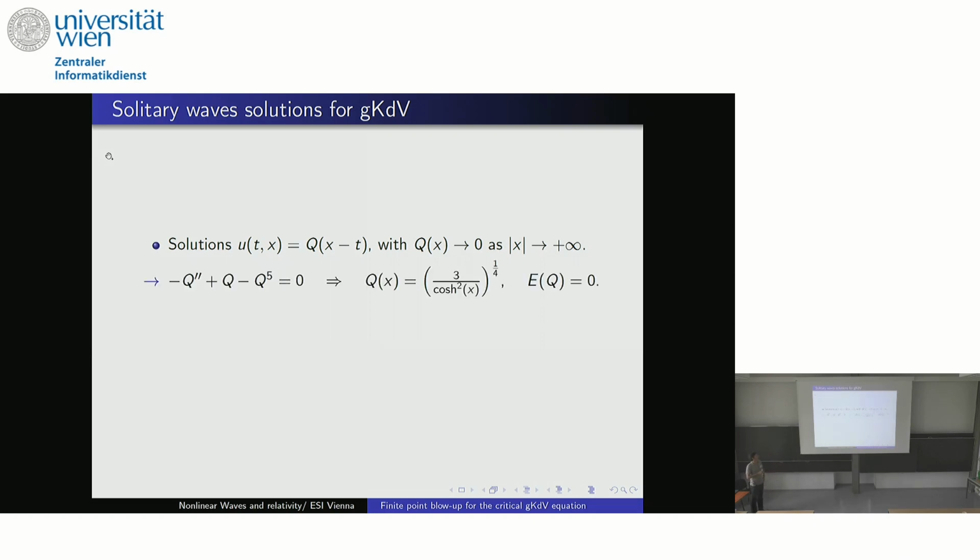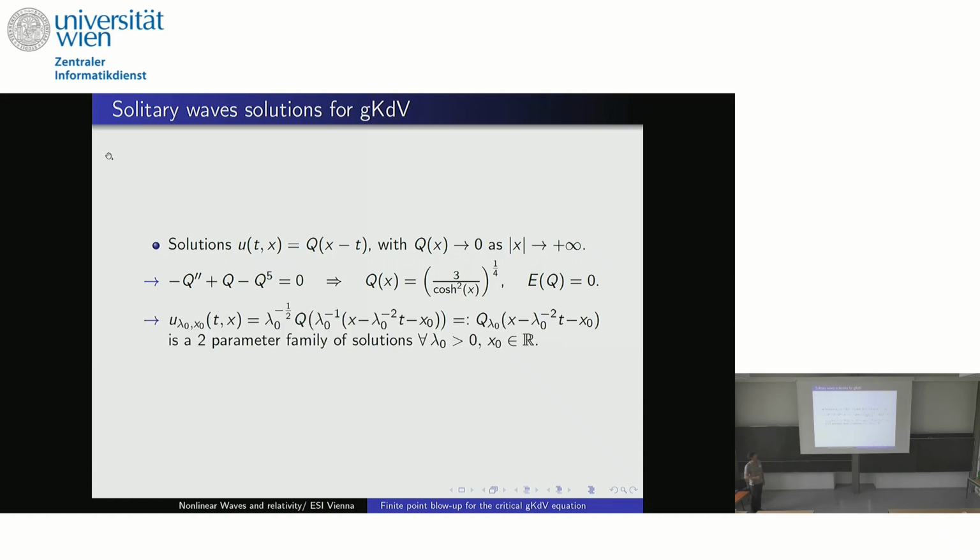If you plug this into the equation, you see that Q has to be a solution of this nonlinear ODE. This is a calculus exercise. You can solve it, and you can see that it is a hyperbolic secant to the 1/2 in this case. And since we are L2 critical, this is very important: the energy of Q has to be 0. It's just a Pohozaev identity with this equation.